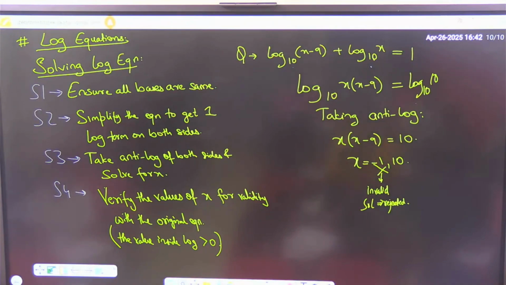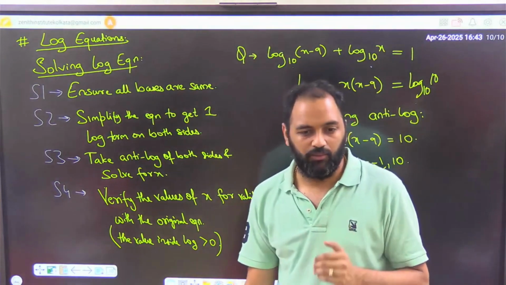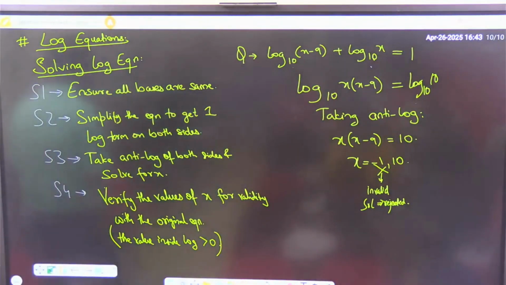Is everyone okay with this? Is the reason clear? Why we need to reject it? Any positive number raised to the power of a real number can never be negative. So we have to always ensure that the value inside the log is a positive number. Logs are only defined for positive numbers.